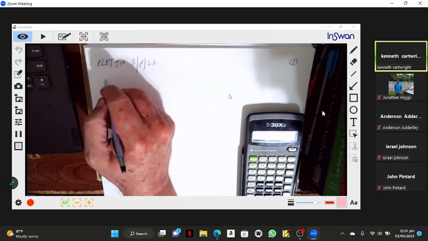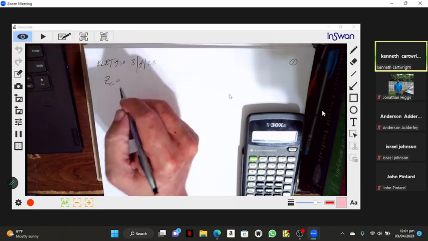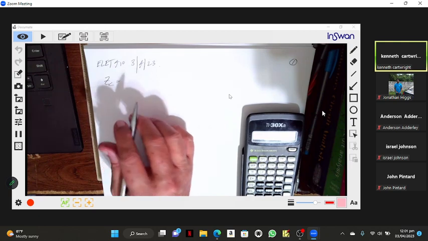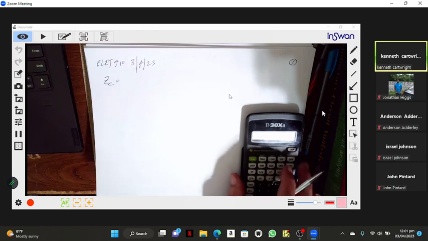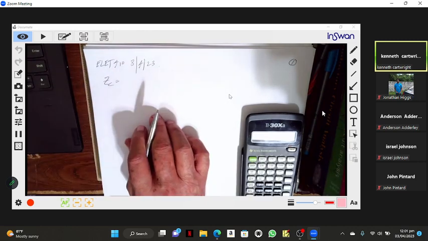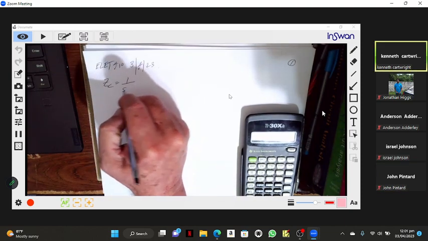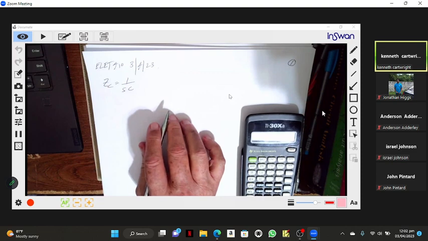So the impedance of a regular capacitor is what? 1 over j omega C. Okay.